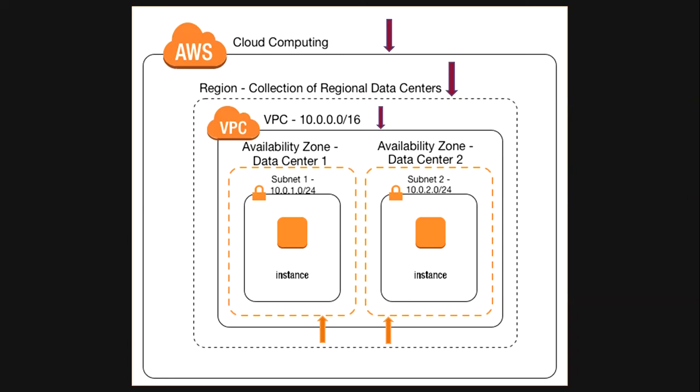Here, if you see the VPC boundary, it is covering both availability zones. If there are more than two, three, or four, all the availability zones within that region will be covered by the VPC. So this is key. I'm going to reiterate it two or three times because these are things you should know very clearly to go further.